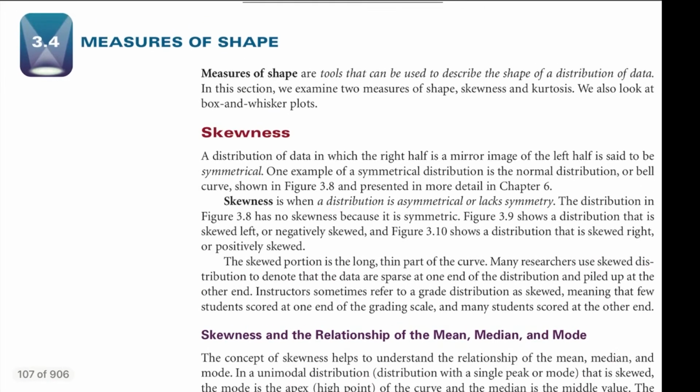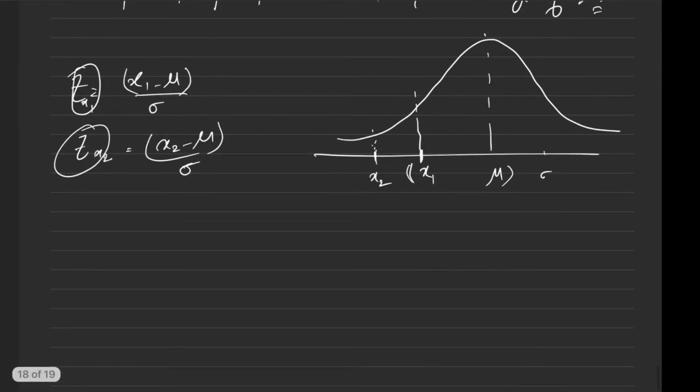Now we'll talk about another important concept: skewness and kurtosis. What does it mean? Here, I always say that this is a normal curve because it's symmetric across the central vertical line. The left hand side will be equal to the right hand side in terms of the distribution, shape and everything.